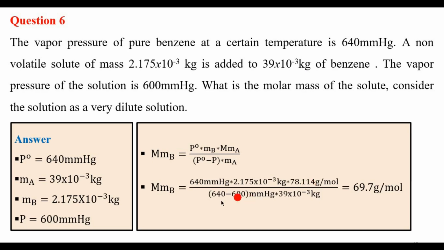We divide by the change in the vapor pressures, which is the vapor pressure of the pure solvent, 640, minus the vapor pressure of the solution. Then we need to multiply by MA, which is the mass of the solvent. The mass of the solvent was given as 39 times 10 power negative 3 kilogram. Then the remaining step is to do the calculation, and we get the molar mass of the solid, which is equal to 69.7 gram per mole, which is the molar mass of this non-volatile solid.